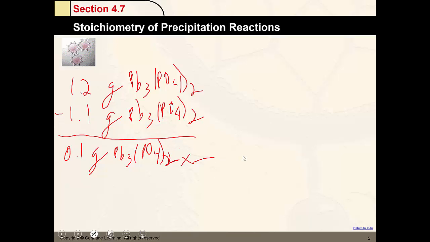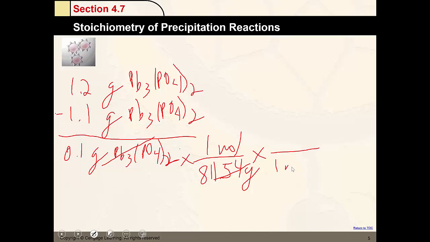Okay, so it's the reverse of what we did before. Now we're dividing by the molar mass of lead phosphate, and then converting to the number of moles of sodium phosphate used from the balanced chemical equation.